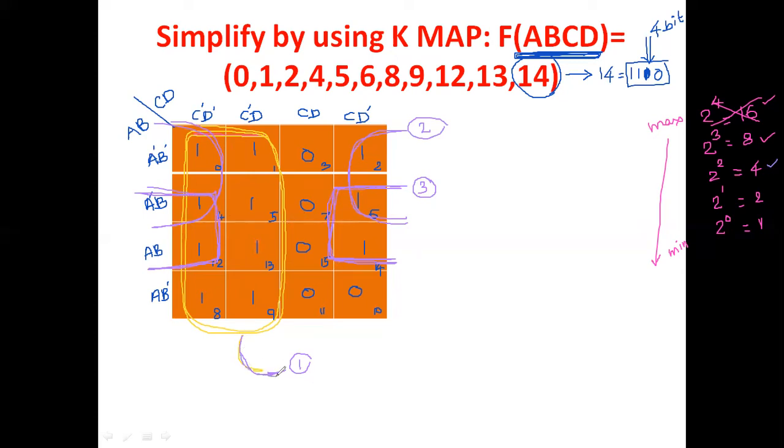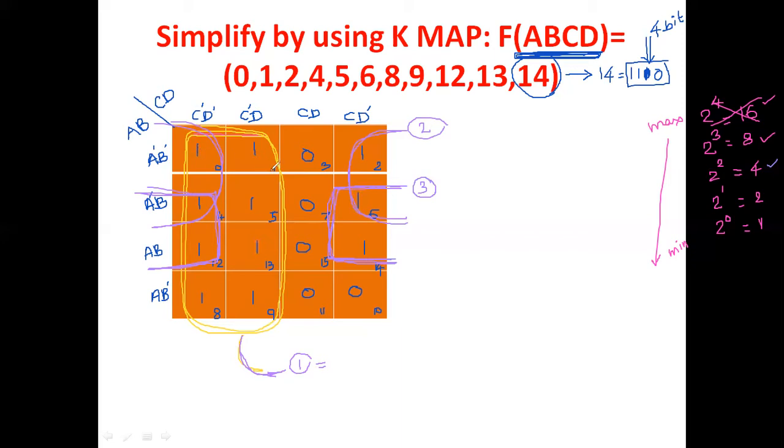So the next step is you please take the common variables. For that, for all eight ones, what is the common variable? For this row, A bar is changing to A, so definitely A is not a common variable. Similarly, B is also not a common variable.